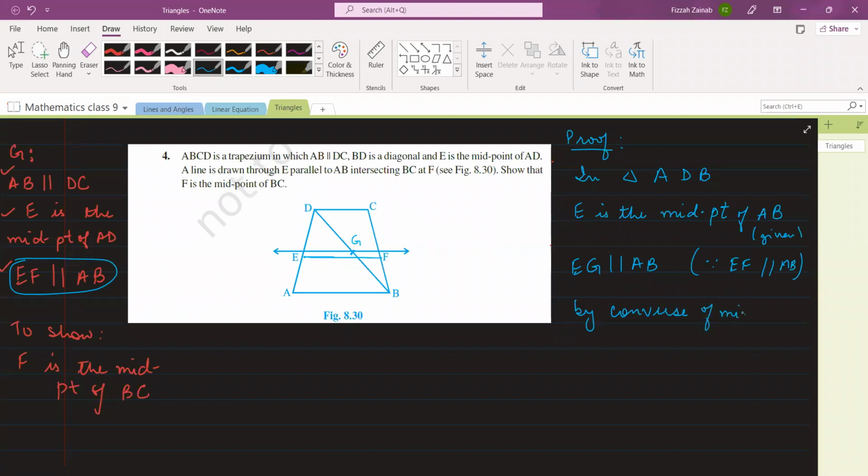By converse of the midpoint theorem, I can say that G is the midpoint of BD. Is that clear? So at least I got this midpoint. So G is the midpoint. Now, I need to show that GF is parallel to DC.